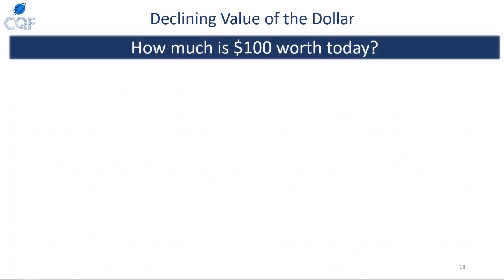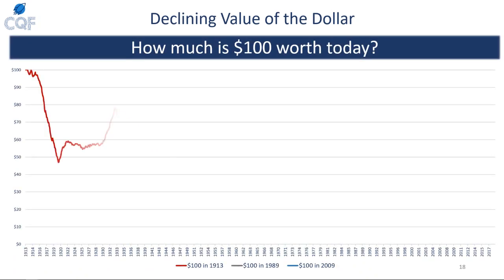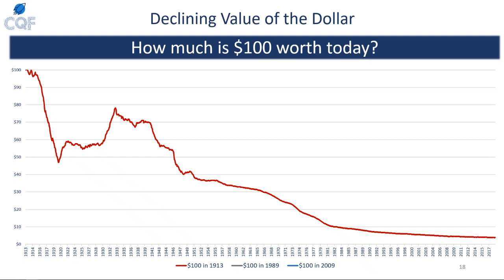And the main criticism is the declining value of the dollar. So how much is $100 worth today? If I gave you $100 in 1913, that $100 would only be able to buy you about $5 worth of stuff today. Okay, and you'd say, you know what, I could look in the graph, the red line, it went from 100 to 50 in about 10 years.